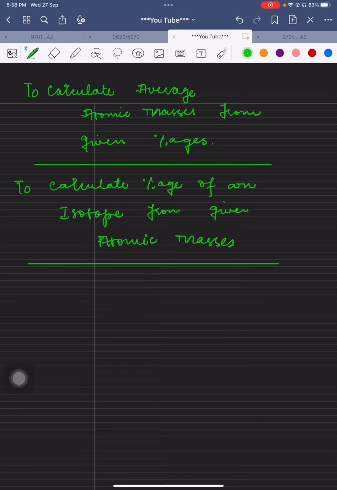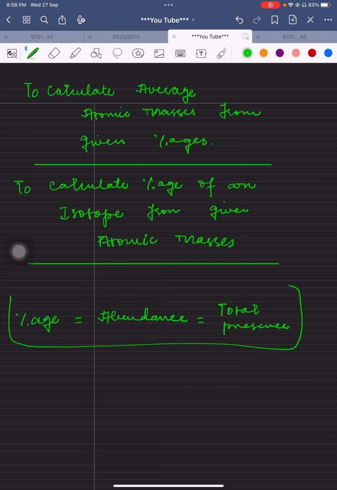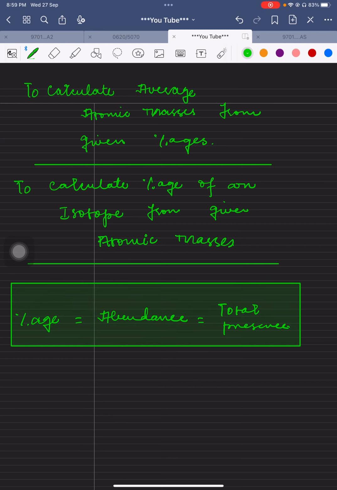So how to calculate the average atomic mass from the percentages? One thing I would like to clarify is that percentage is equal to abundance. What is the meaning of abundance? How much it is present in the universe, its total presence. Percentage or abundance is something which is already calculated.